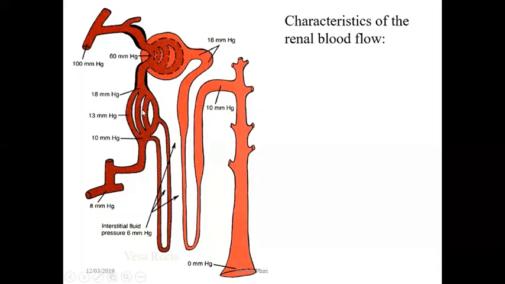In the peritubular capillaries, you need the pressure to reduce so much. Why? Because this pressure can oppose the reabsorption of substances. So the decrease in the pressure in the peritubular capillaries will facilitate reabsorption because the pressure in the tubes will be greater than the pressure in the peritubular capillaries. That will facilitate reabsorption. So there are changes in the blood pressures as you are moving down the blood supply and also as you are moving down the tubular component of the kidney nephron.